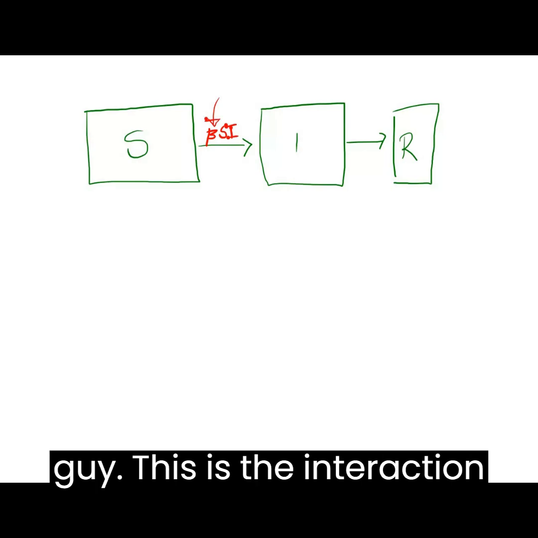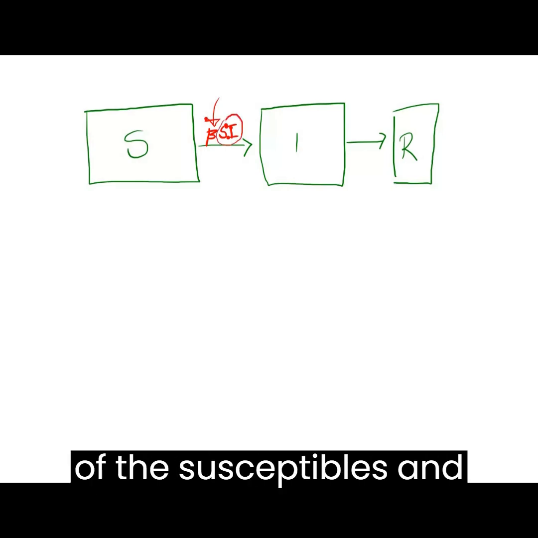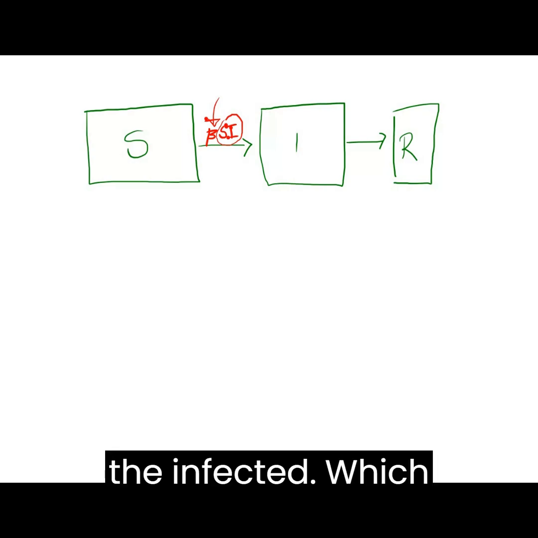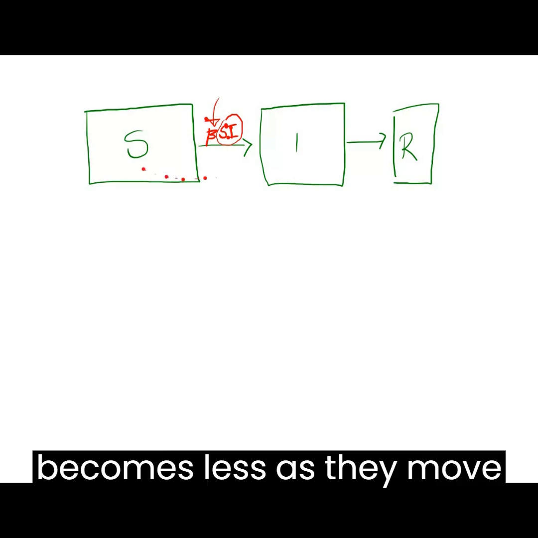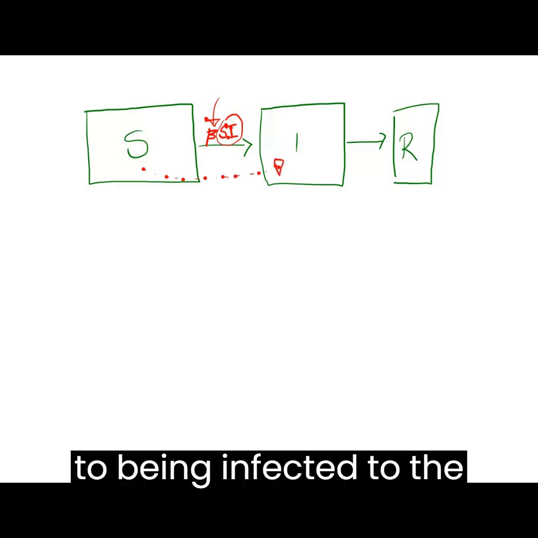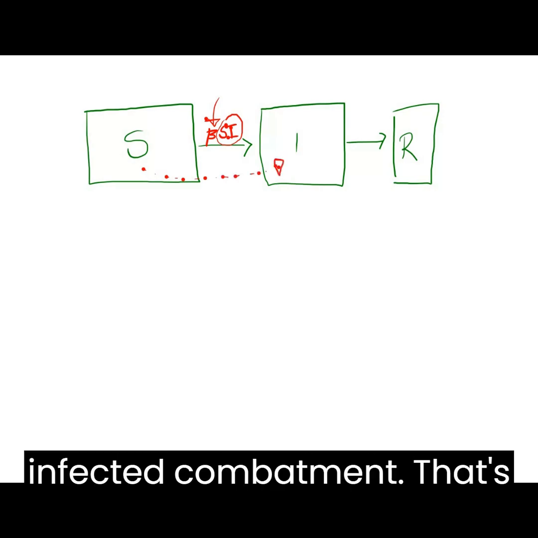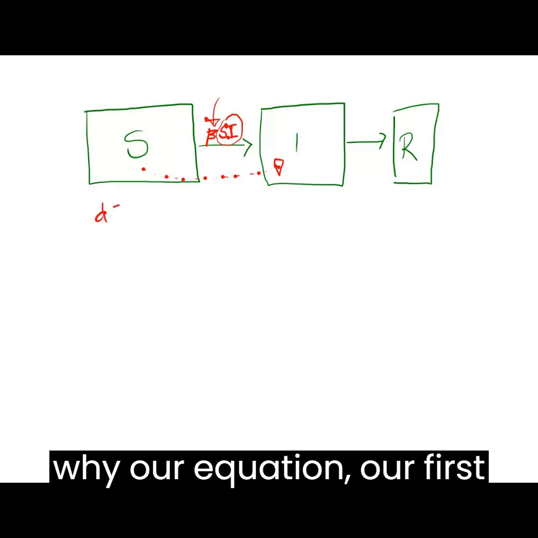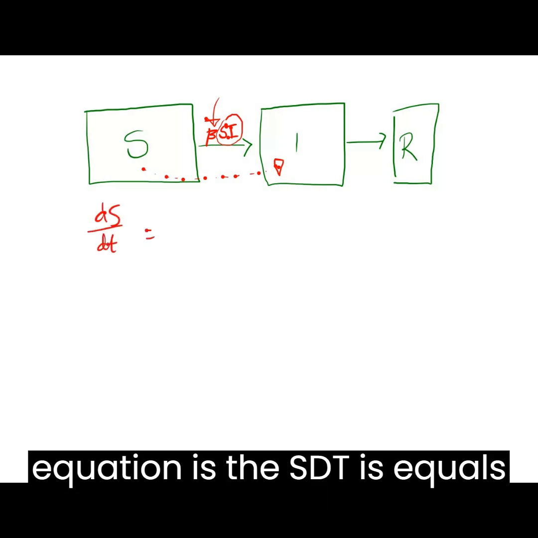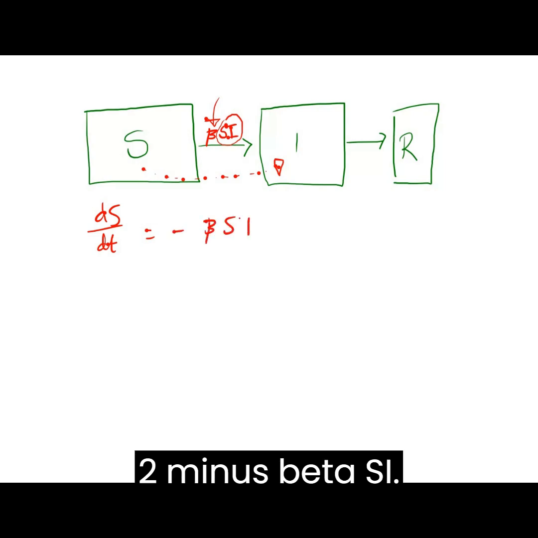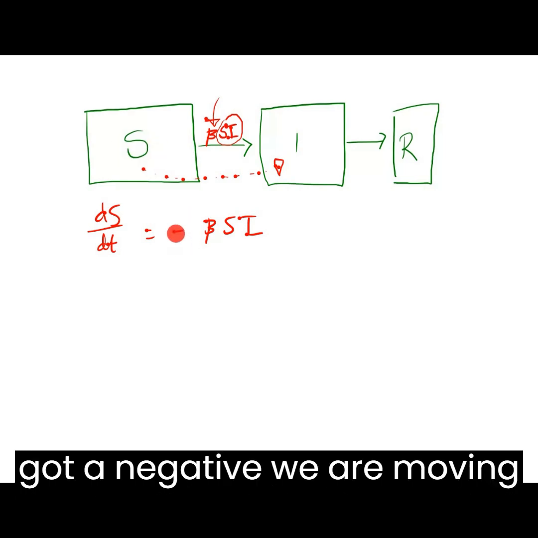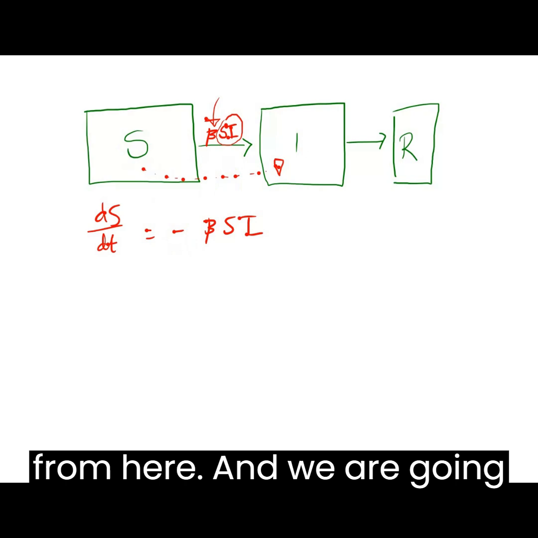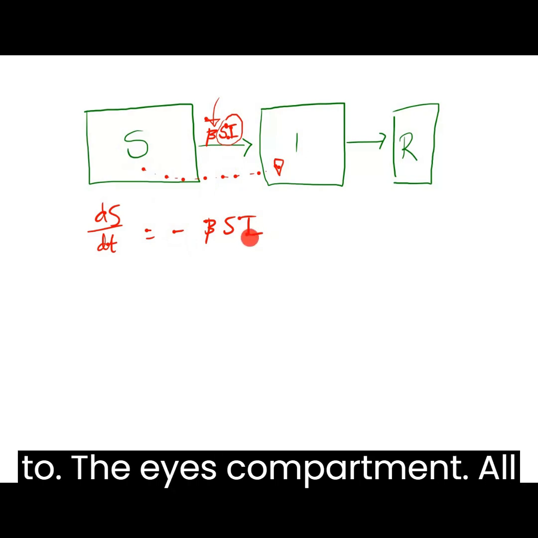This is the interaction of the susceptibles and the infected, which causes the number of susceptibles to become less as they move to being infected, to the infected compartment. That's why our first equation is dS/dt equals minus beta S I. It means that we are moving from here. That's why we've got a negative. We are moving from here and we are going to the I compartment.